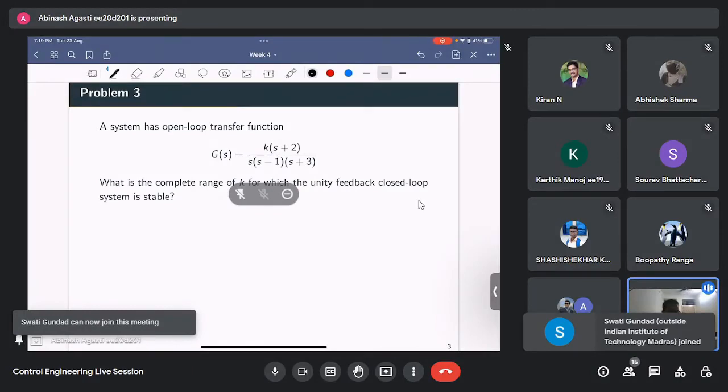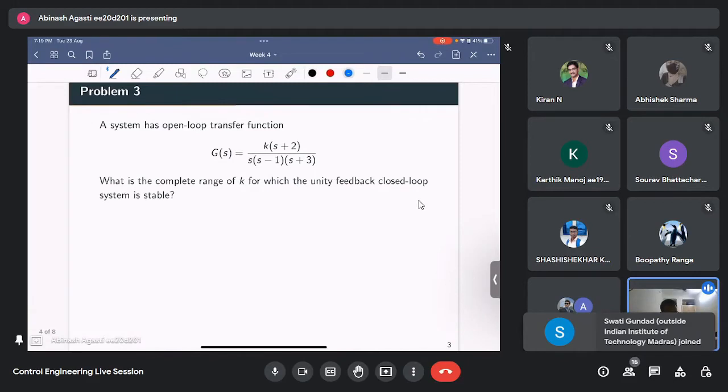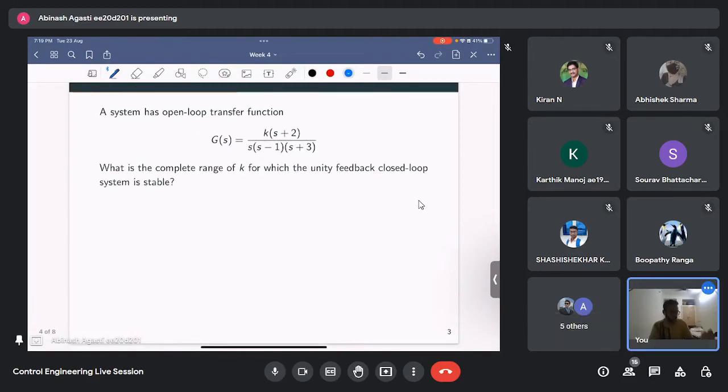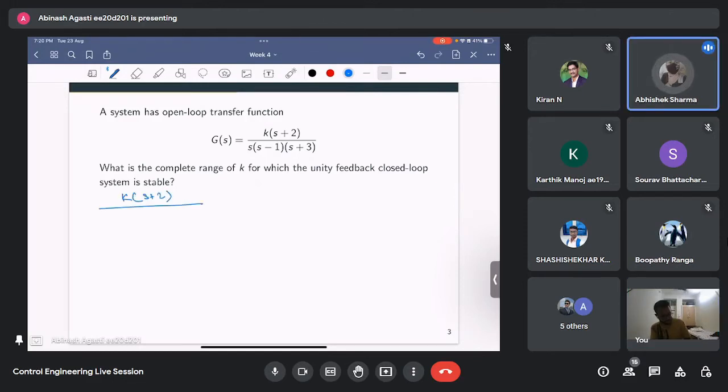So we'll follow the same process. First, tell me what is the closed loop transfer function. K into S plus 2 by S cube plus 2S square plus S into K minus 3 plus 2K.